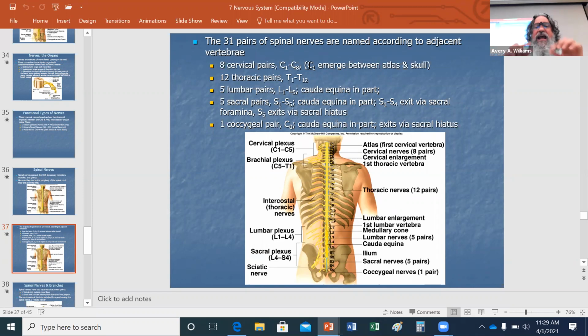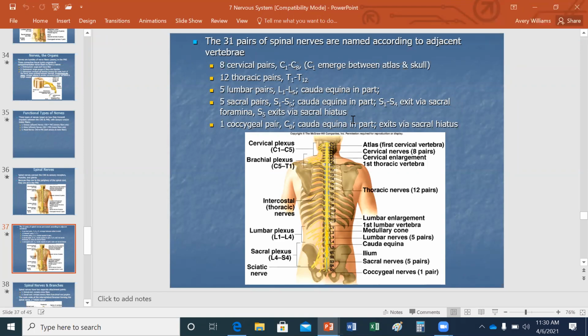And then underneath T1, the vertebra, is going to be T1, the nerve. From there on down, it doesn't matter if it's T1 or T7 or T12 or L1 or L5, if you find the vertebra, the nerve coming out right underneath it is going to be the corresponding nerve.